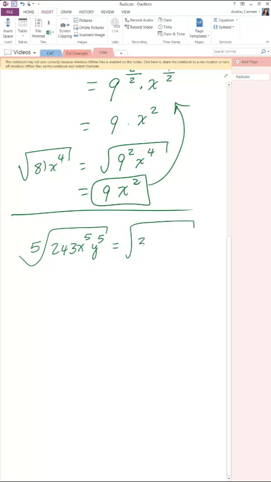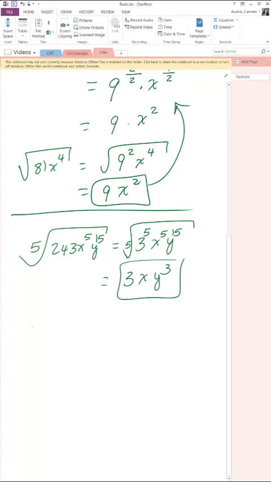In this case you can, because it's 3 to the 5th, x to the 5th, y to the 15th. I wrote that wrong, it's 15 right there. This one has an index of 5, so 5 divided by 5 is 1, 5 divided by 5 is x, and 15 divided by 5 is 3. So that's really your answer.